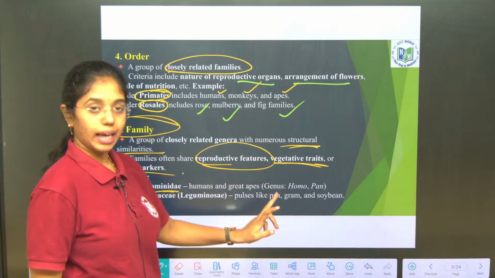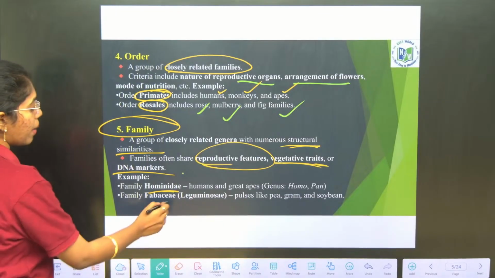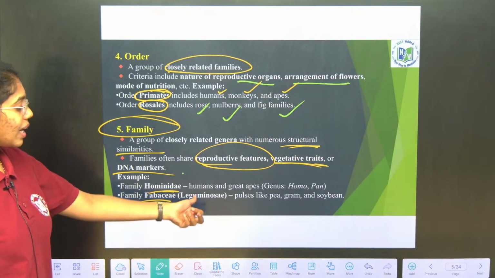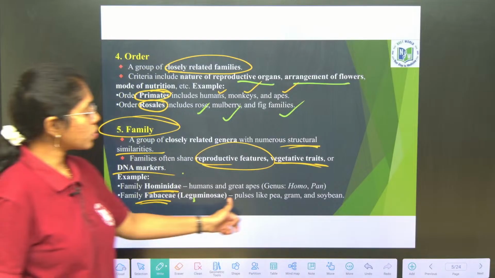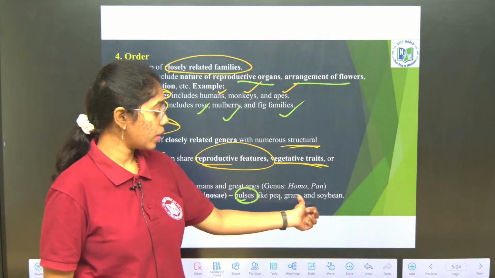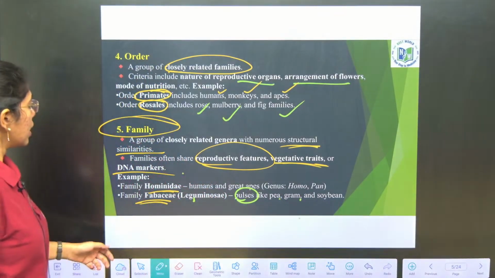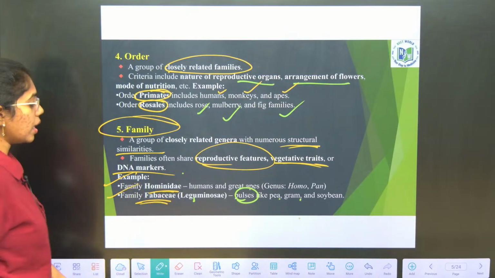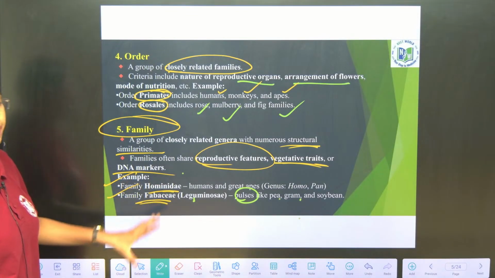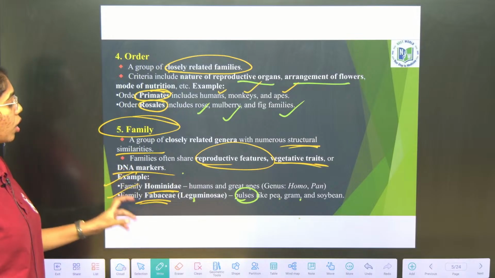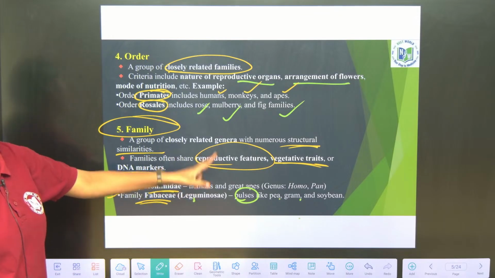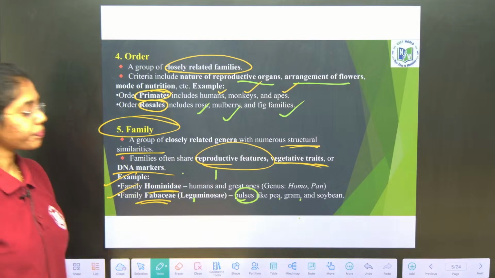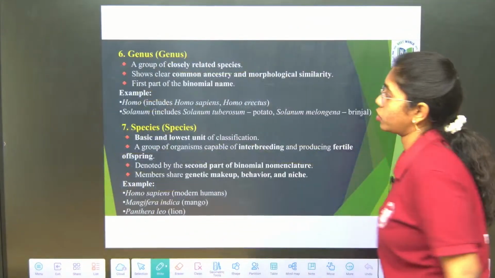Humans and great apes. And next, family Fabaceae, which is also called Leguminosae, includes what? Pulses like beans, gram and soya bean. This is under the animal kingdom, and this is under the plant kingdom. Examples are very important and you should be clear on what similar characteristics are being shared under each taxon.